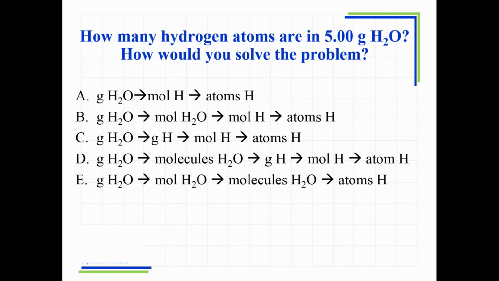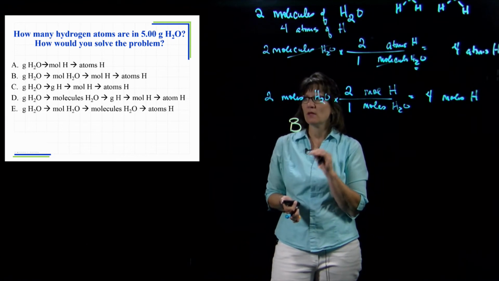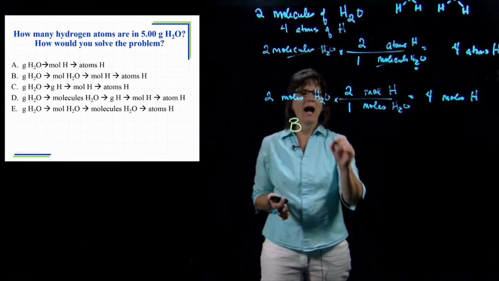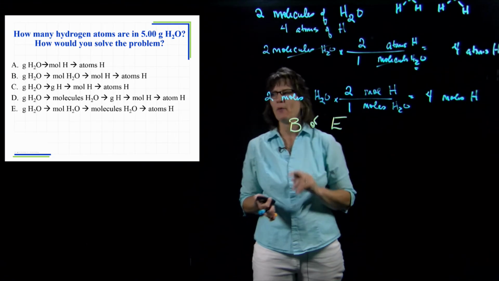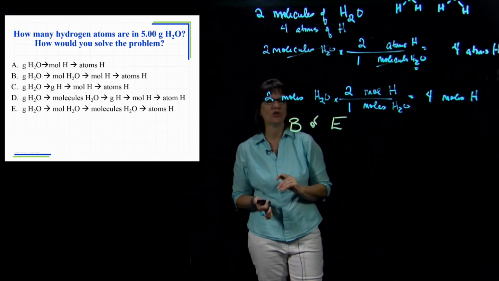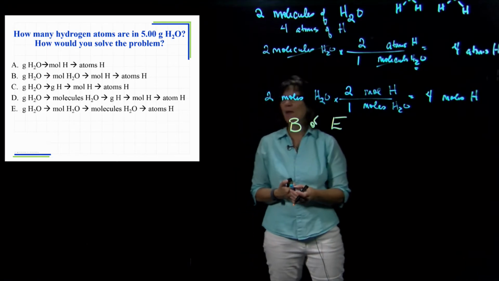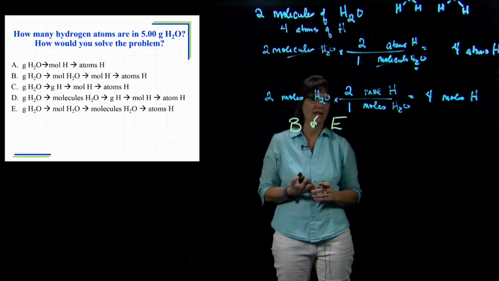I could get there by doing B, going from grams to moles to atoms. Or I could do E. If you picked either one of these, that would be fine ways to get to your answer. But let's work through it, and I'm going to choose one way or the other. I'm going to choose E as my way of getting to the answer.